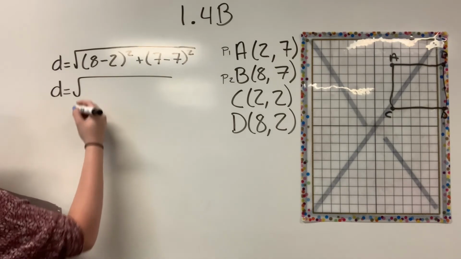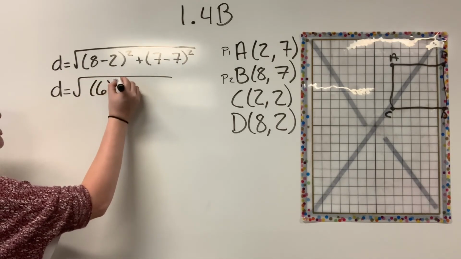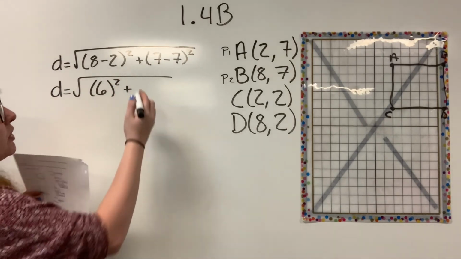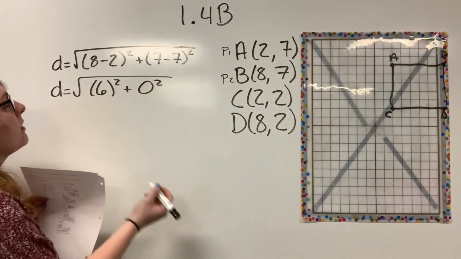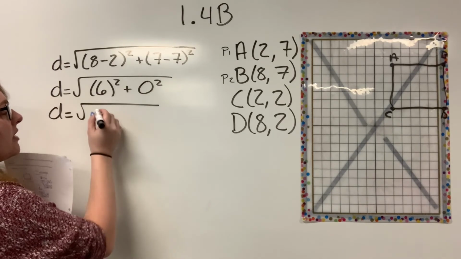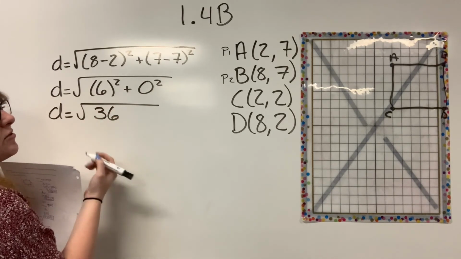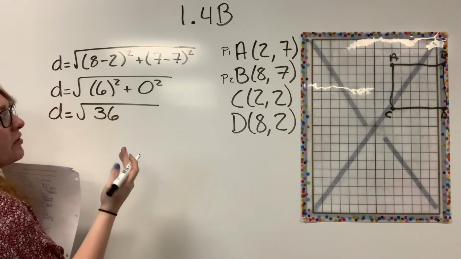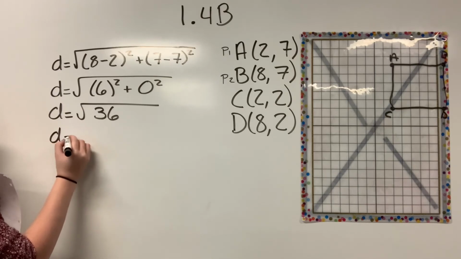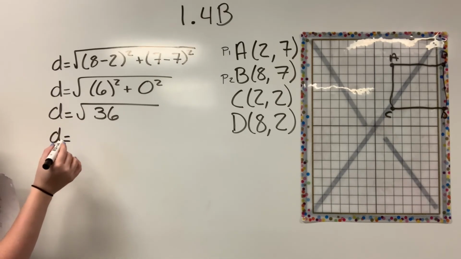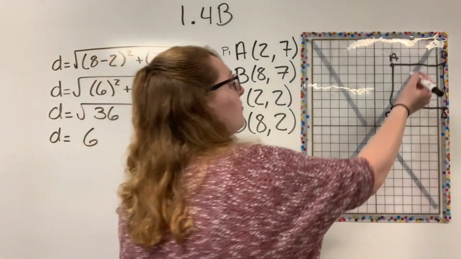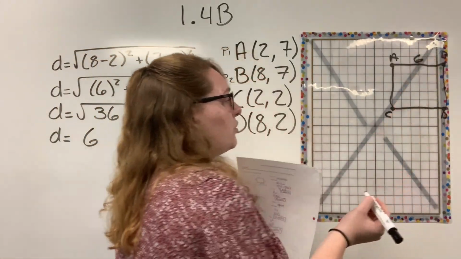We have 8 minus 2, which is 6, squared, plus 7 minus 7 is 0, so just 0 squared. 6 squared, or 6 times 6, is 36. 0 squared, 0 times 0 is just 0, so I'm not even going to write that down. So when we plug this into the calculator, the square root of 36 is exactly 6 units. Okay, so from A to B, this is 6 units.